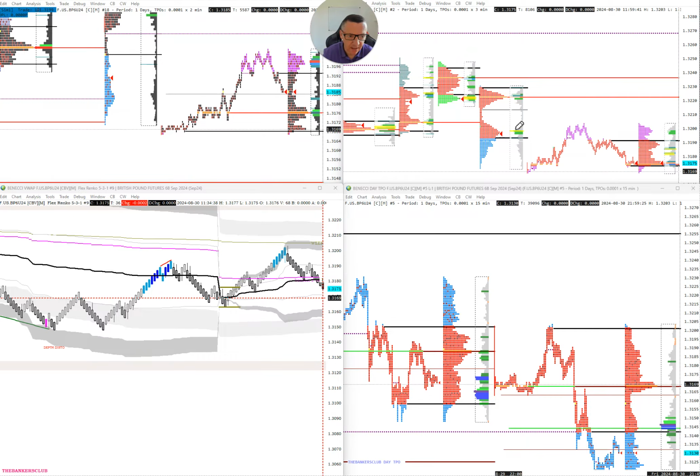So this area here lined up with this area here. That's one confluence, that's two confluences, and the third confluence was this value area low here. Then I have another confluence which I've not talked about before, which is these Renko candles here.